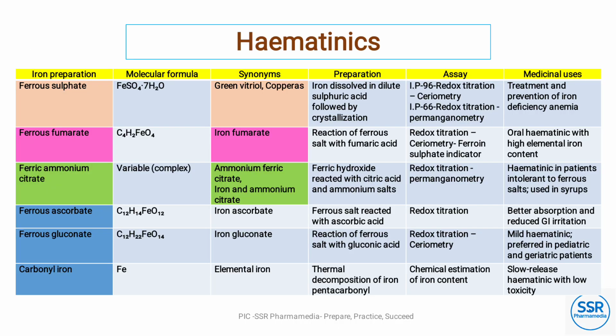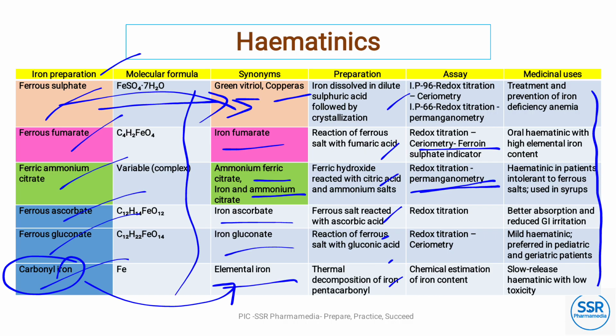So next is the iron preparation compounds. Read the synonym of each compound. Ferrous sulfate, green vitriol; ferrous fumarate, iron fumarate; ferrous ascorbate; ferrous gluconate; and carbonyl iron is the elemental iron. These two are very important. Ferrous sulfate is the green vitriol, carbonyl is the elemental iron.